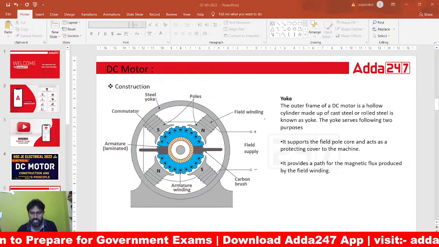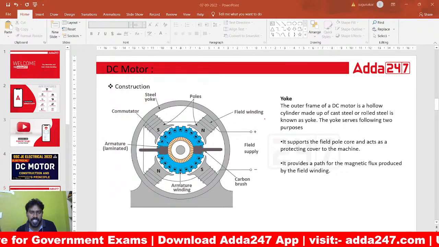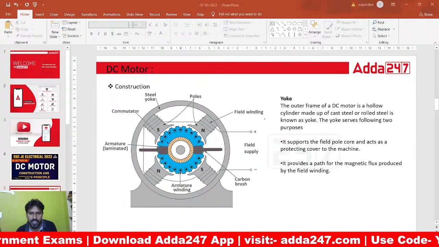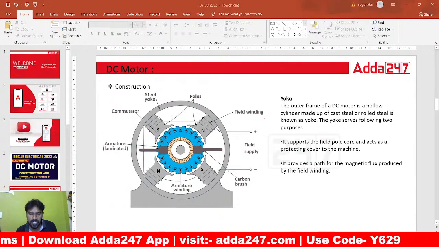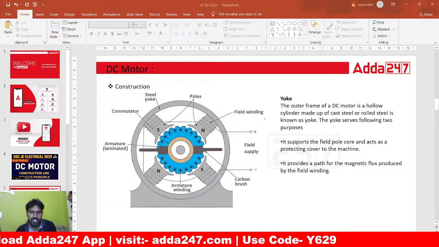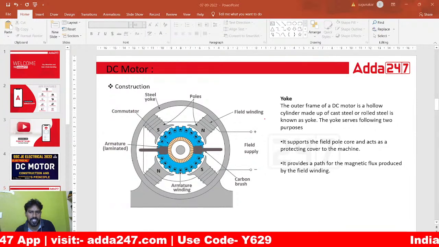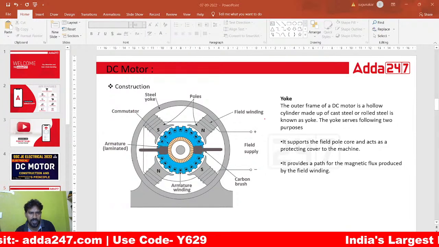For the rotation we need mechanical energy, which should be produced from the armature. So how is it converting? Electrical to rotational.